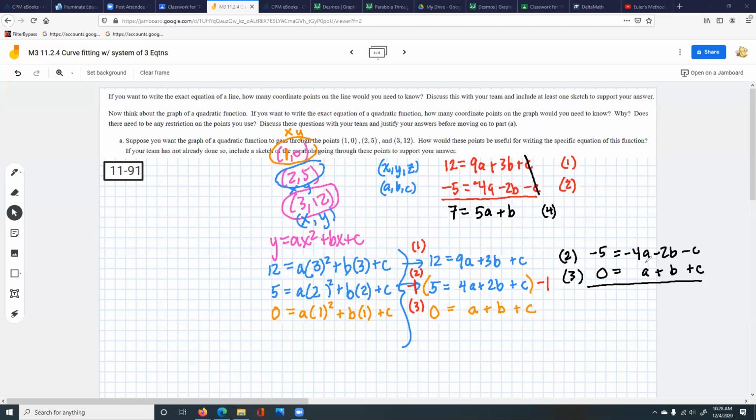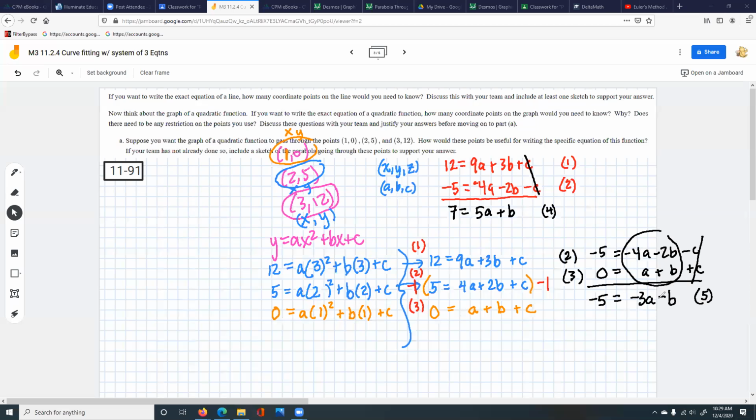So I'm adding the second and third equation together, because I want the c's to go away, just like last time. Now I'm going to get an equation with just a's and b's. So -5 plus 0 is -5 equals -4 plus a is -3a, -2 plus b is -b. So this is equation 5, a new equation that I've created.